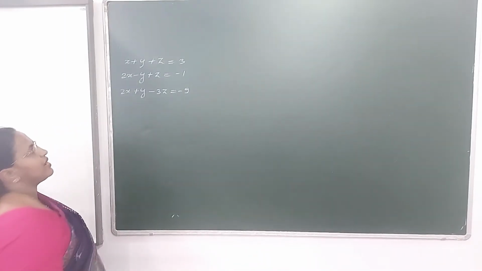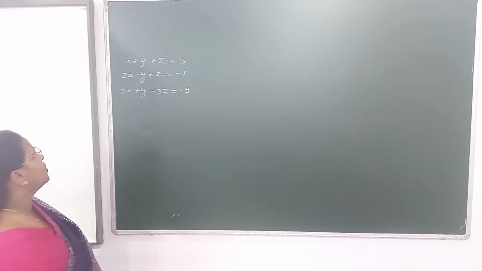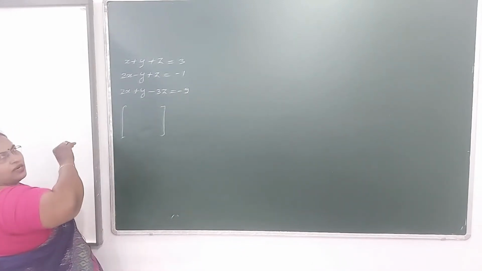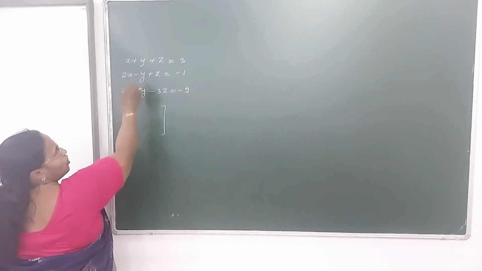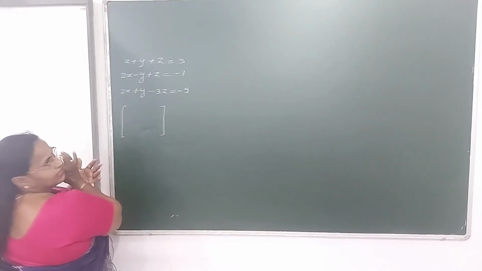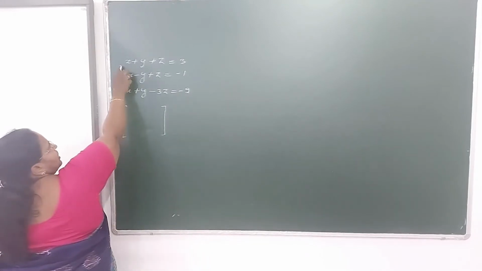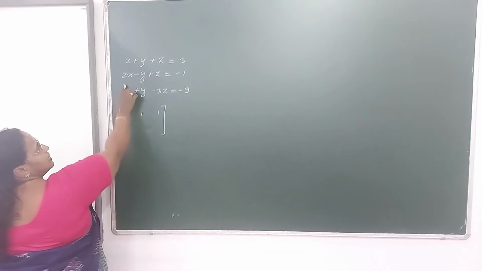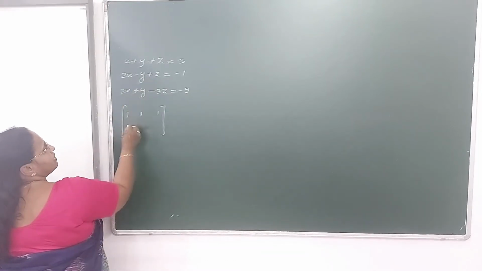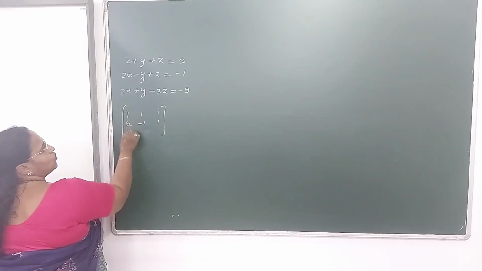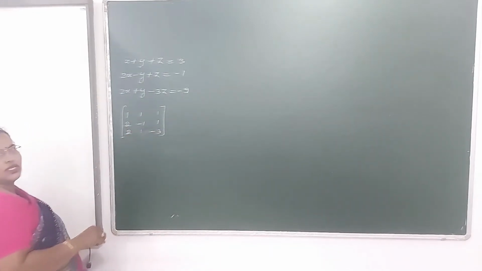First of all, we can write the above equations in the form AX is equal to B. For that, this is the square matrix of the coefficients. When you copy down the coefficients, you should be concentrating on this. What are the coefficients here? 1, 1, 1. So this will be the first row. The second row coefficients are 2, minus 1, 1. The third row coefficients are 2, 1, minus 3. So this is done.